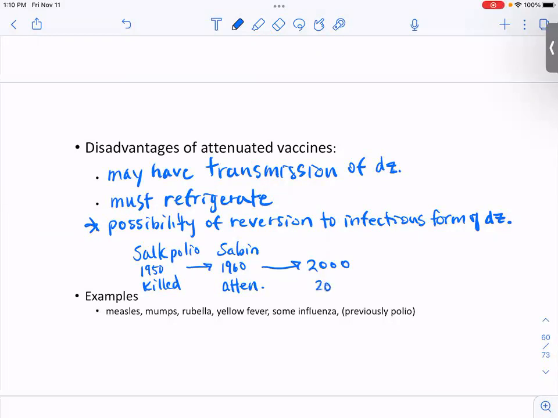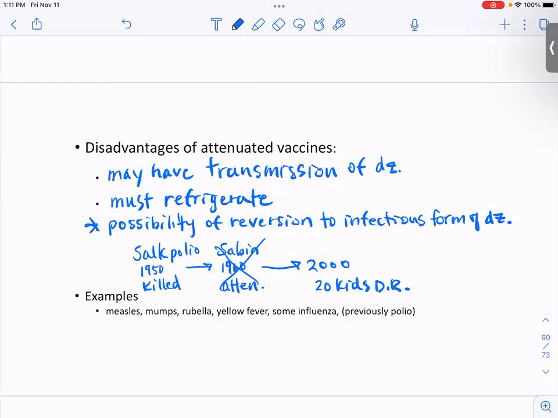About 20 kids in the Dominican Republic actually got full-blown polio from the vaccine. So even though the chance of that happening is really very remote, in this country, we don't use that Sabin vaccine anymore. So we've gone back to using the Salk one.